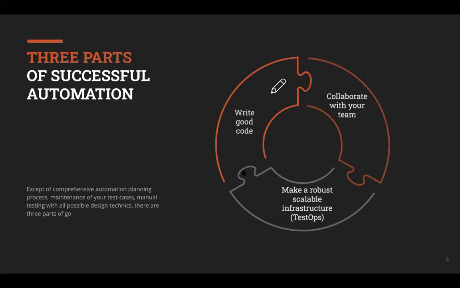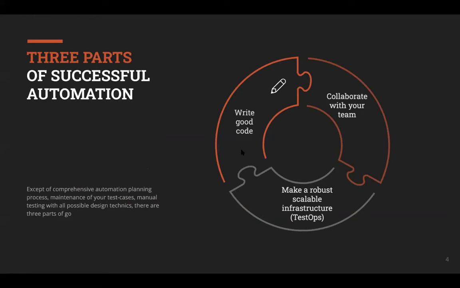Usually when I talk about test automation, I consider three parts of successful test automation. The first part is writing good code. The second part is collaboration with your team. Of course, you need to discuss with your team members why you write this code. And the third part is making a robust, scalable infrastructure.